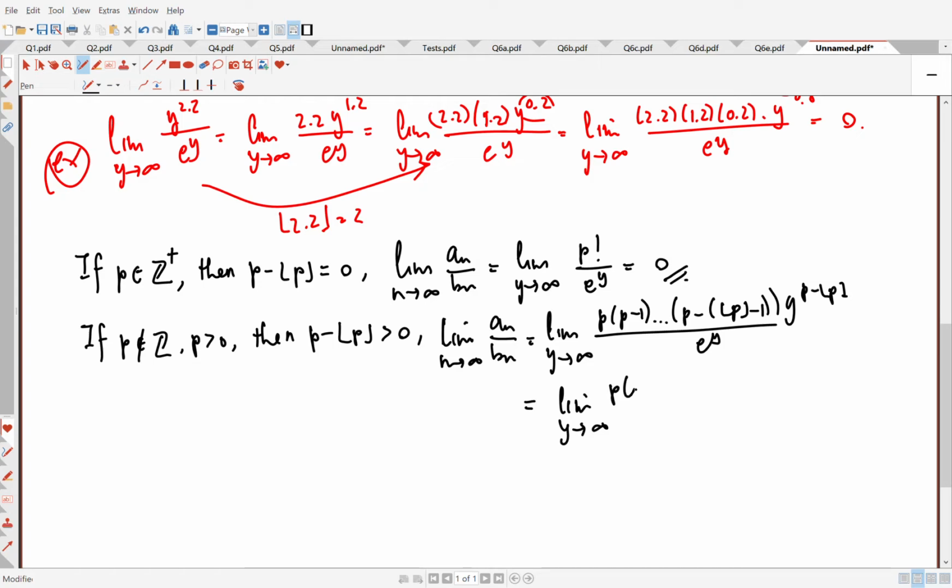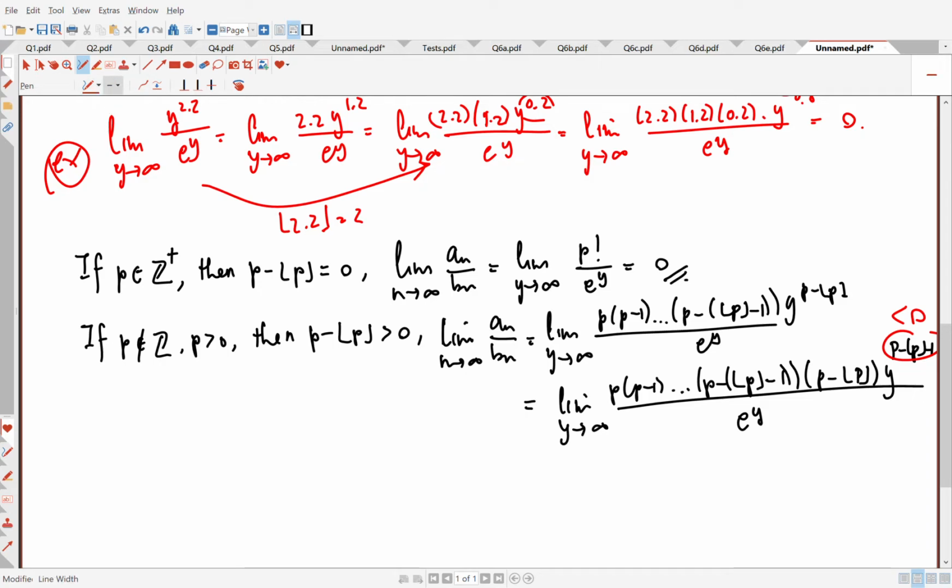So we get p minus 1, and so on, p minus floor p minus 1, p minus floor p, y to the power p minus floor p minus 1 divided by e to the power of y, and this will be less than 0.